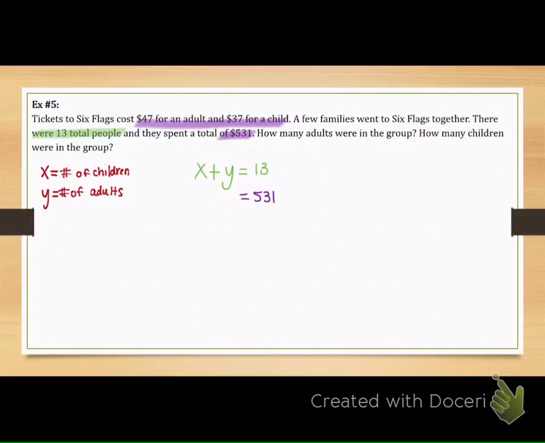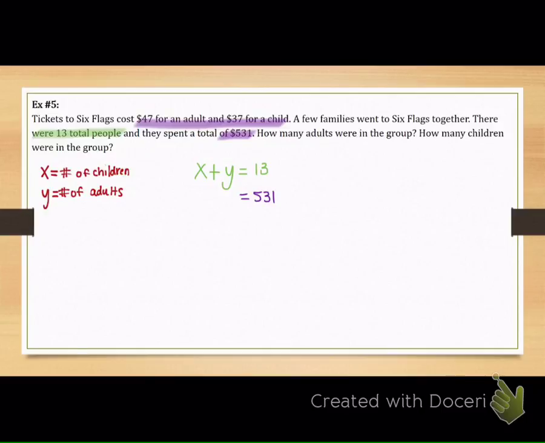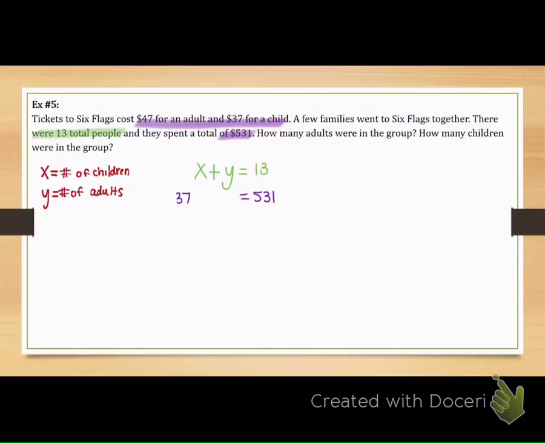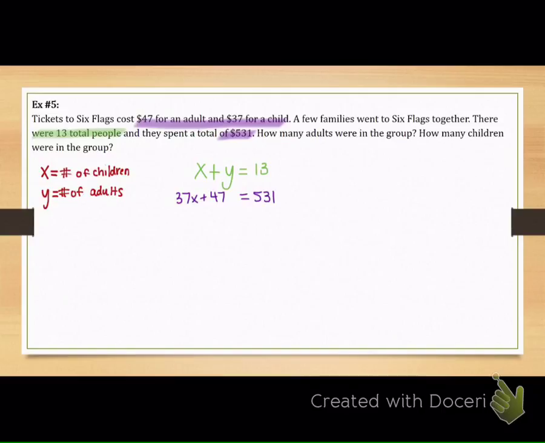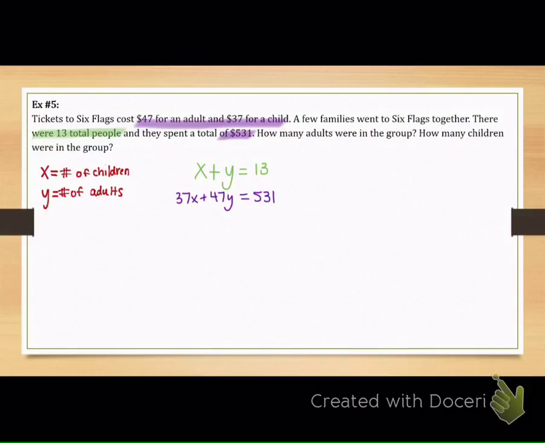It says 47 for an adult and 37 for a child. So it's $37 per however many children tickets we buy, plus 47 times however many adult tickets are bought, for a total of 531. So now we can use elimination.